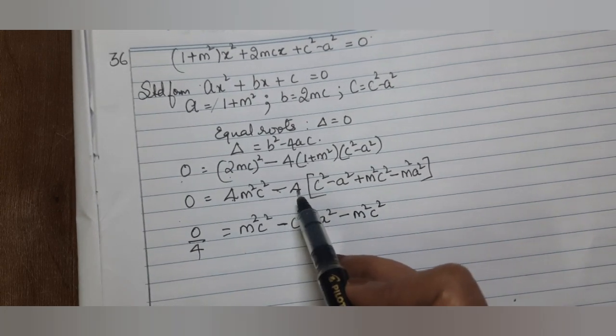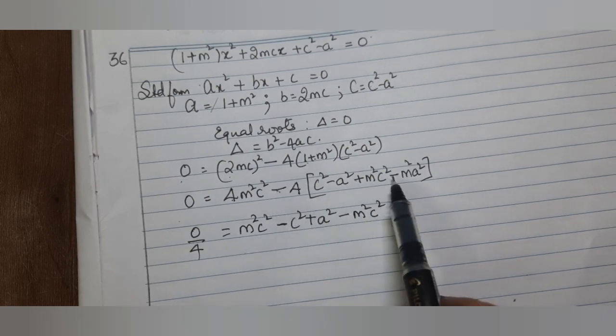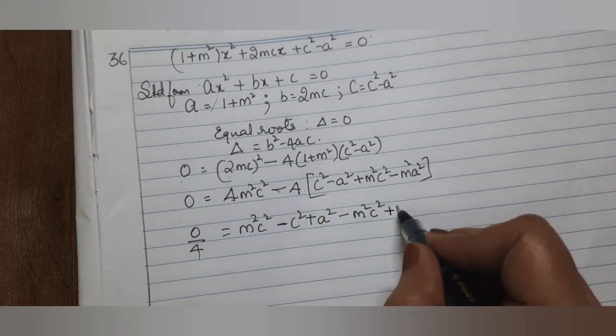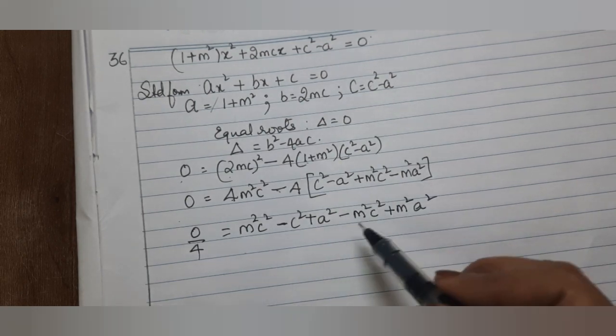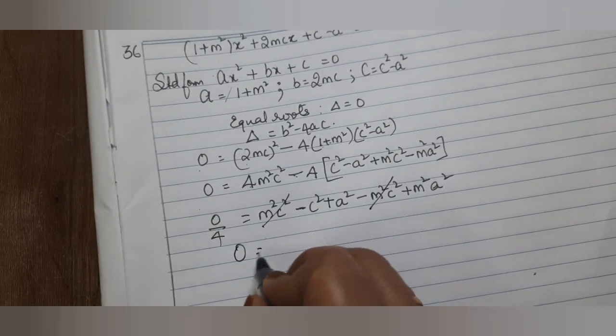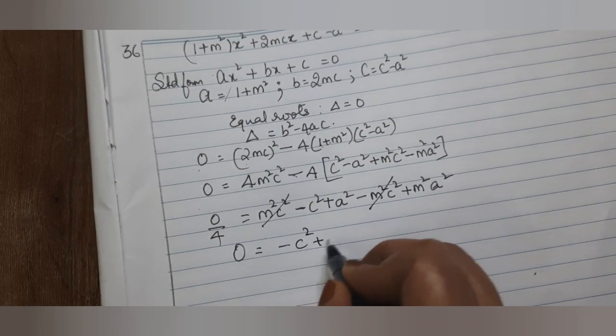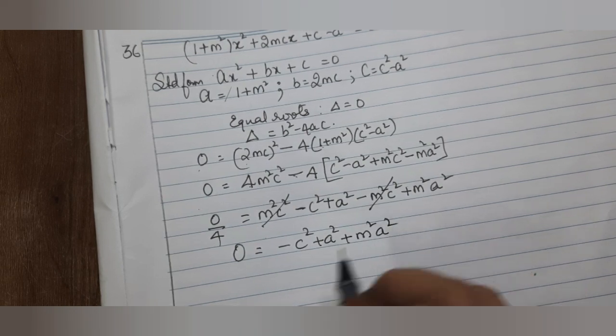This 4 is not there, remember, 4 and 4 we have taken common out. So minus and minus gives plus m square a square. Now I think this one and this will get cancelled. We get 0 equal to minus c square plus a square plus m square a square.